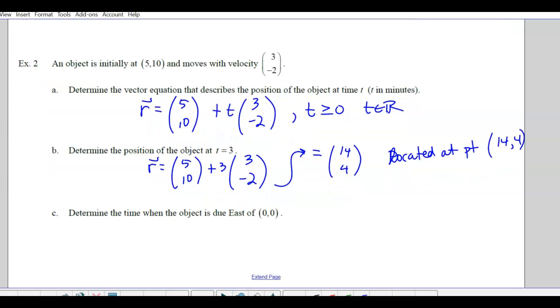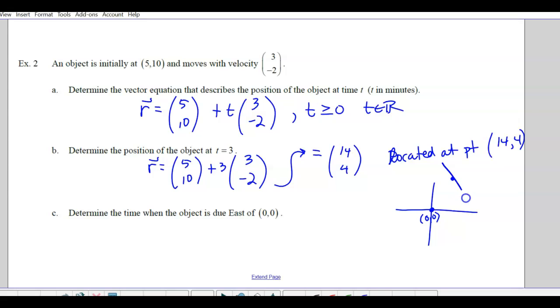And then determine the time when the object is due east of (0, 0). So there's (0, 0). Okay. You could actually do a little sketch here because it's in 2 dimensions. So your original point (5, 10). x is positive 3, y is negative 2.